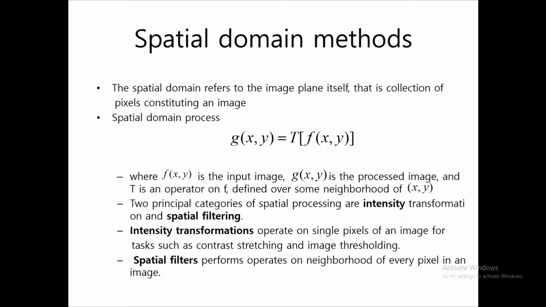And there are two principal categories of spatial processing: intensity transformation and spatial filtering.